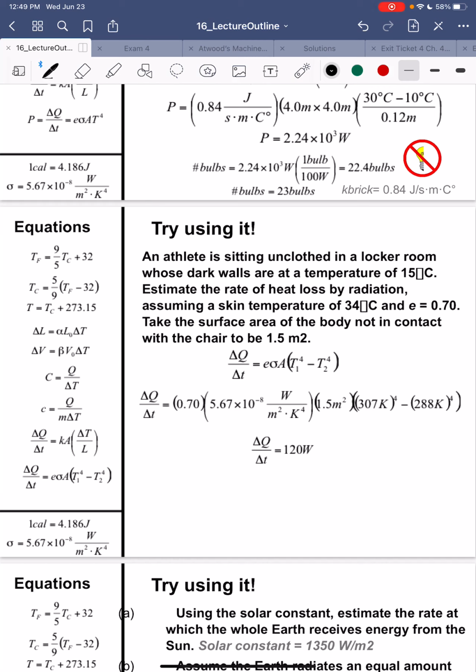All these are ready numbers to put in the equation. This is e, this is the Boltzmann constant, this is the area, and that is T1, and this is T2, of course to the power 4.